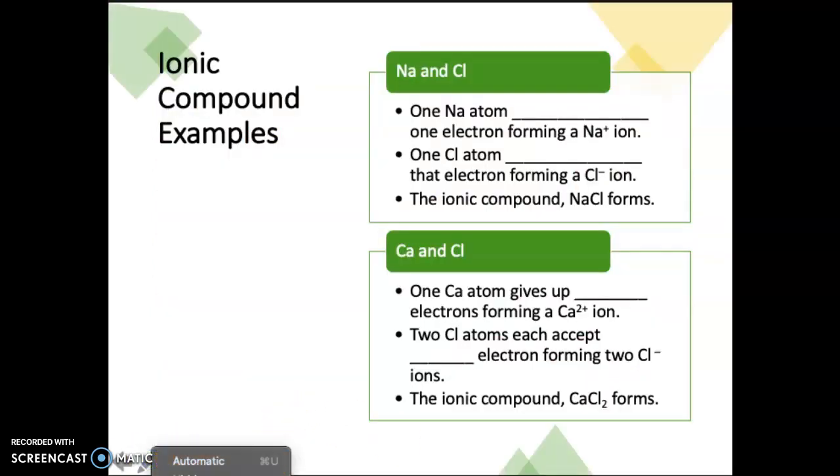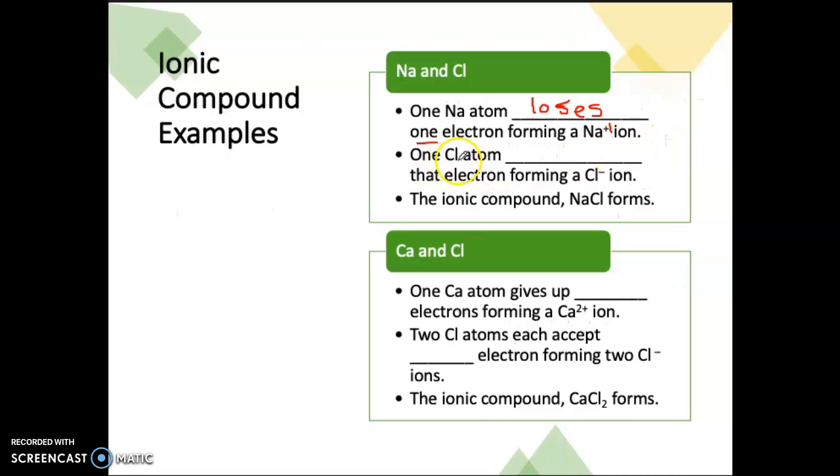Ionic compound examples. So if we have one sodium atom, sodium is Na. Sodium is a metal in group 1. It loses one electron, and so it ends up with this +1 ion, cation.